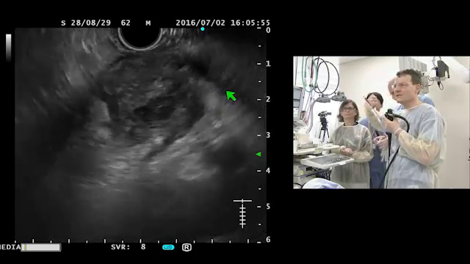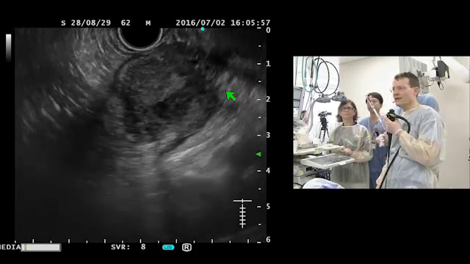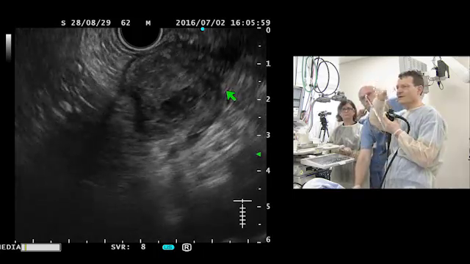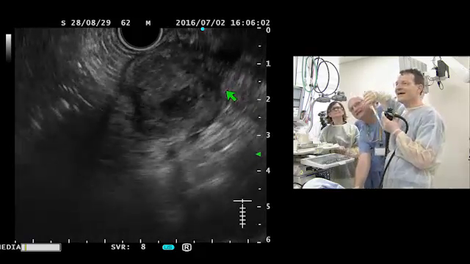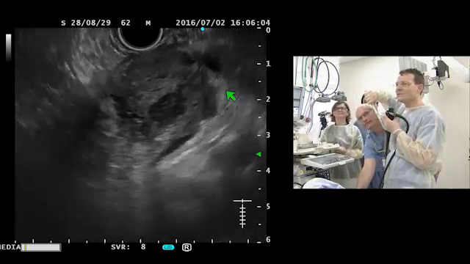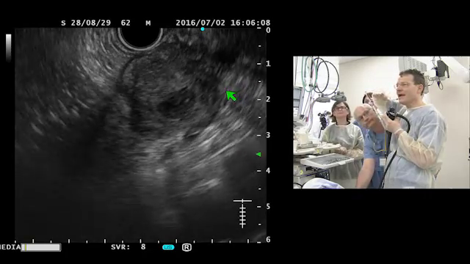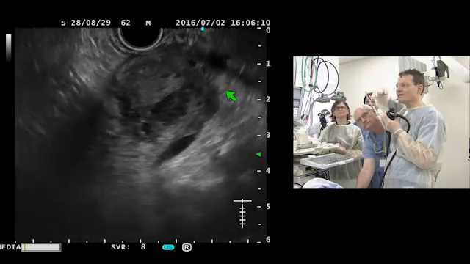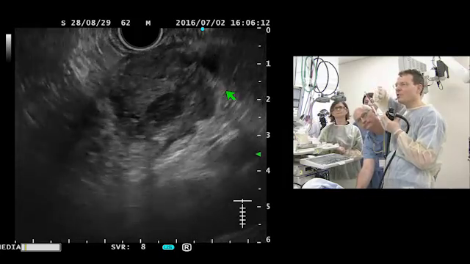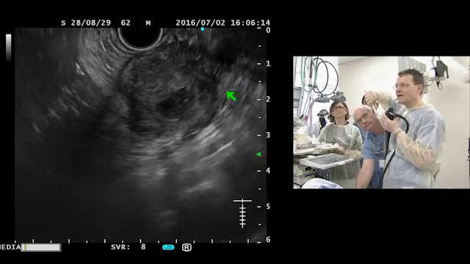This is a Procore needle, so this needle is automatically sharp. We don't need to sharpen the needle. And now I look for the movements of the patient, and you see the patient is breathing, and I try to puncture in that moment where the lesion is near the needle.